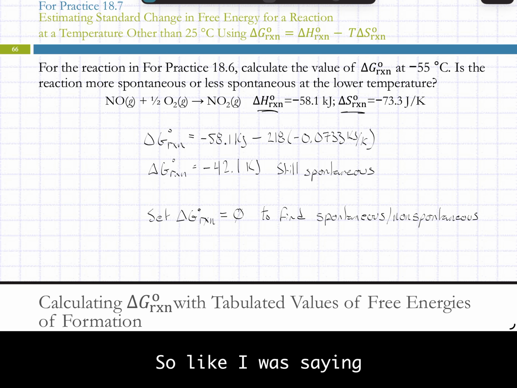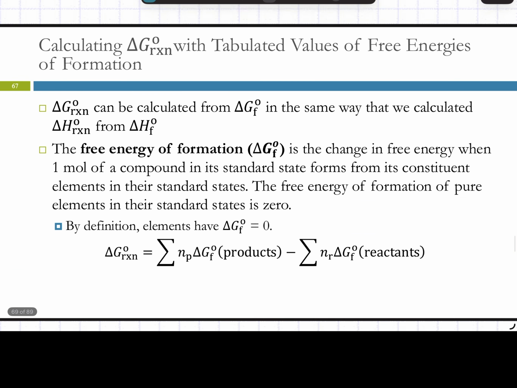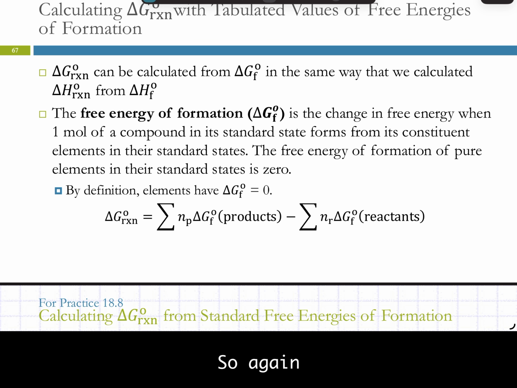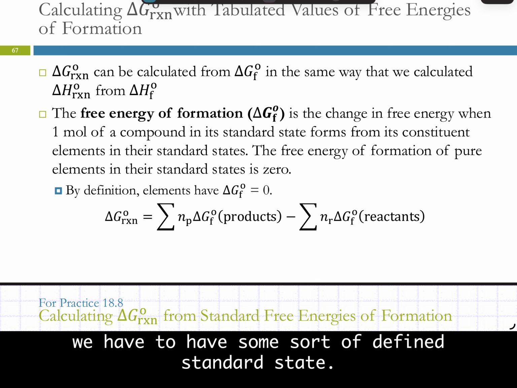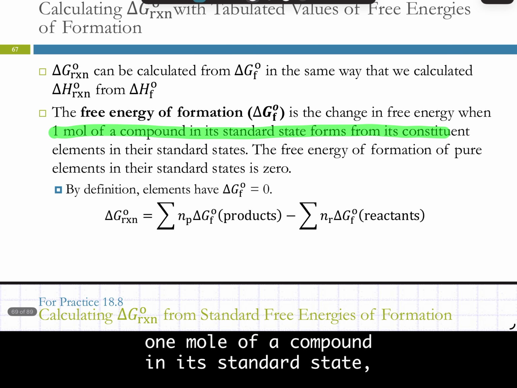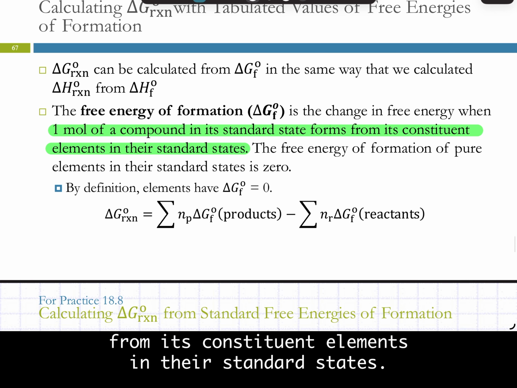All right, so like I was saying, the same thing that we did with delta S and delta H, we can do with delta G using free energies of formation. So again, we have to have some sort of defined standard state. And our defined standard state is forming 1 mole of a compound in its standard state from its constituent elements in their standard states.